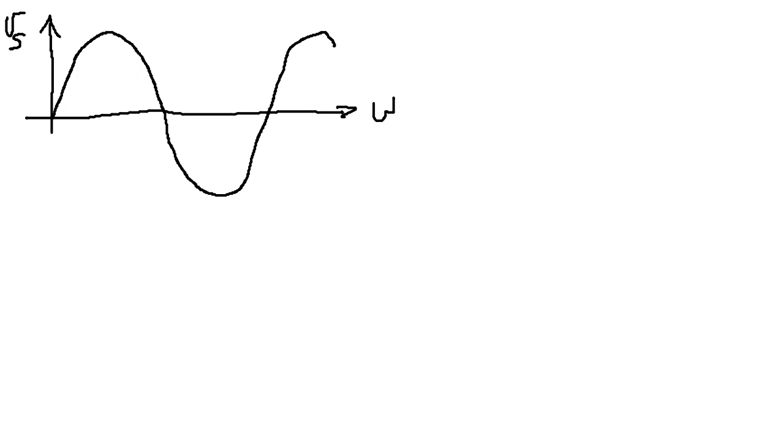It's omega t, that is pi, that is 2 pi. Okay? And Vs(t) is equal to Vm sine omega t.